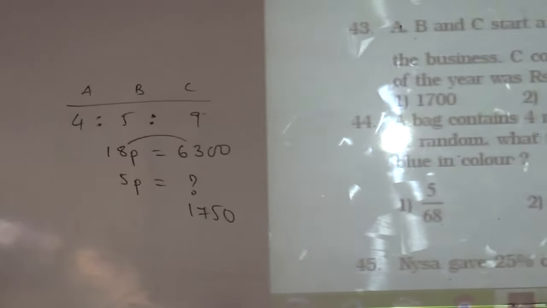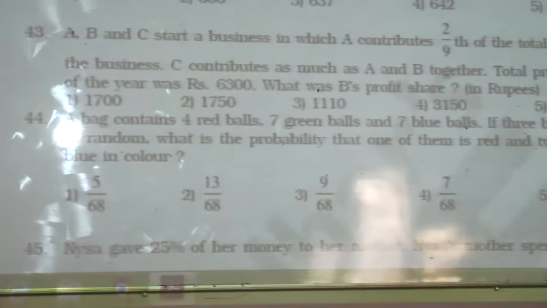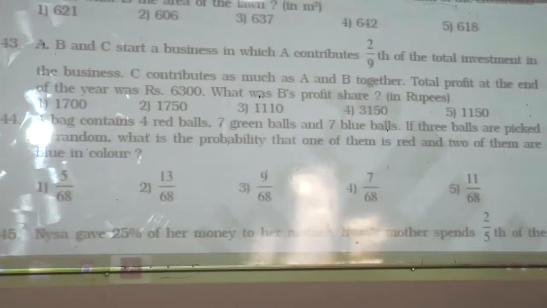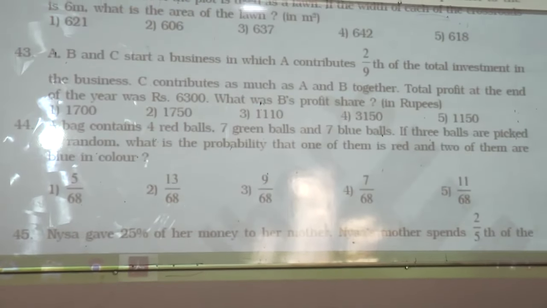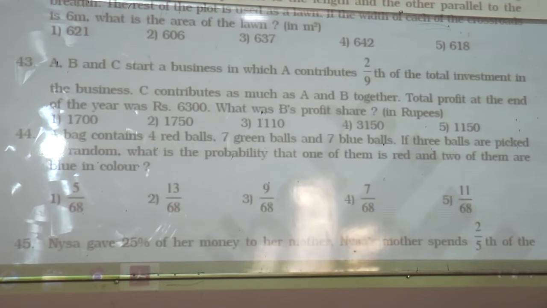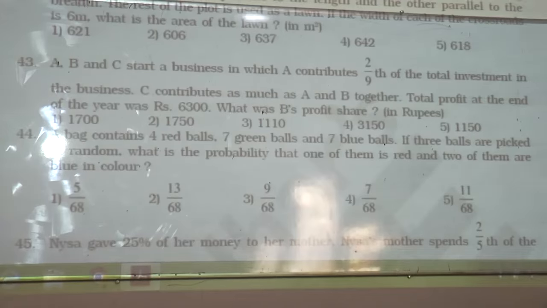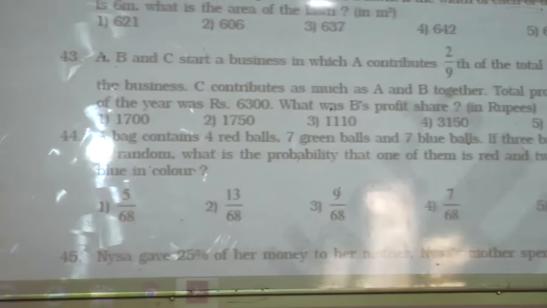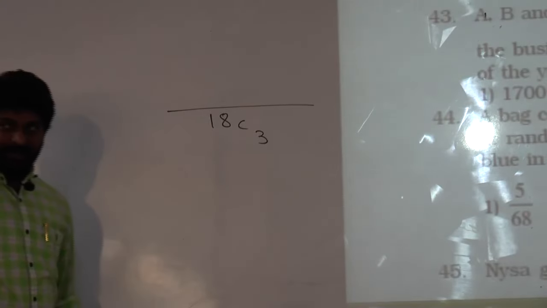44. A bag contains 4 red balls, 7 green balls, and 7 blue balls. If 3 balls are picked at random, what is the probability that one of them is red and 2 of them are blue in color? So how many balls we have in total? 18. And you need to select 3 balls out of 18.